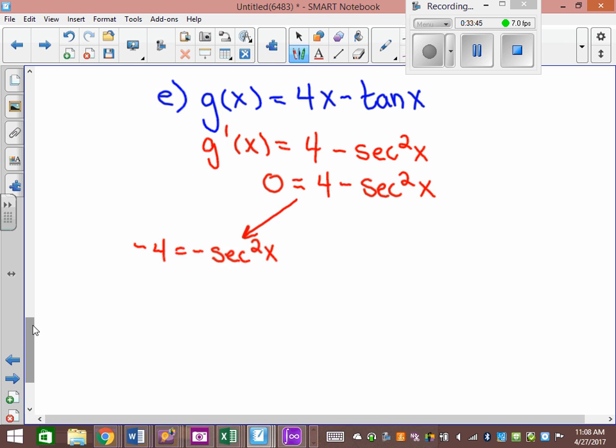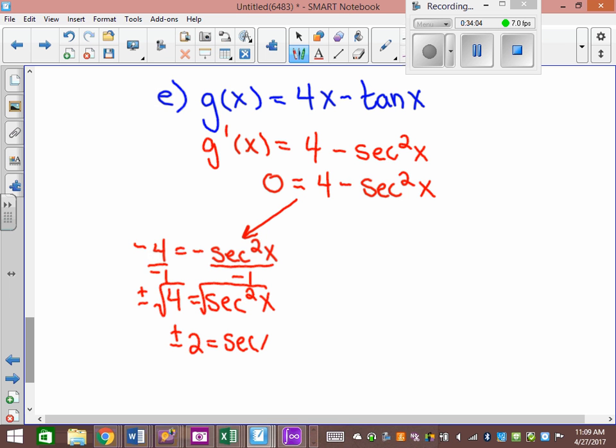They're both very similar. So then we're going to divide by negative 1, and you get 4 equals secant squared x. Then you take the square root, but when you take the square root, you have to remember what? Plus or minus. So you're going to get plus or minus 2 equals secant x, which we'll deal with in a second.